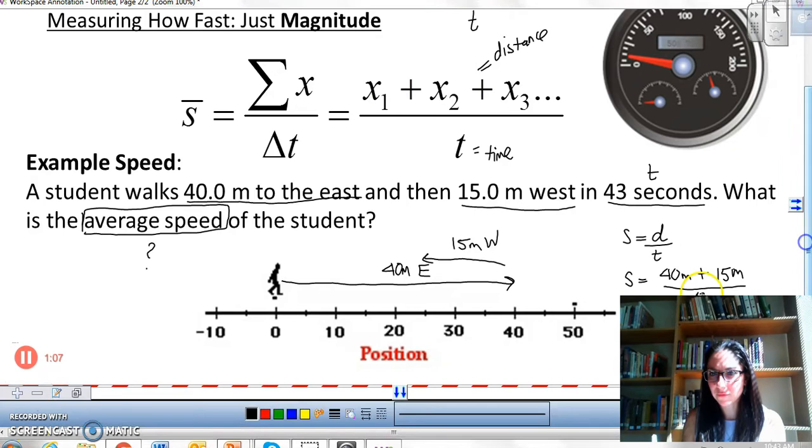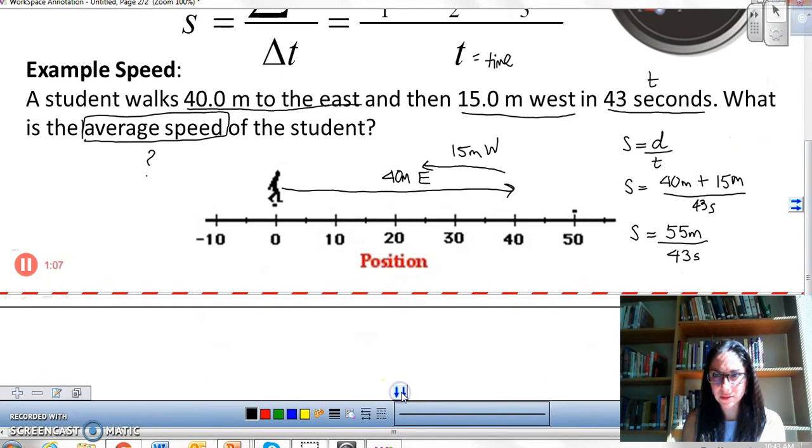You get the following value. Let me just move this down so we can see. You get 1.28, and I'm going to round, and the final answer is meters per second. So that's the average speed of our person.